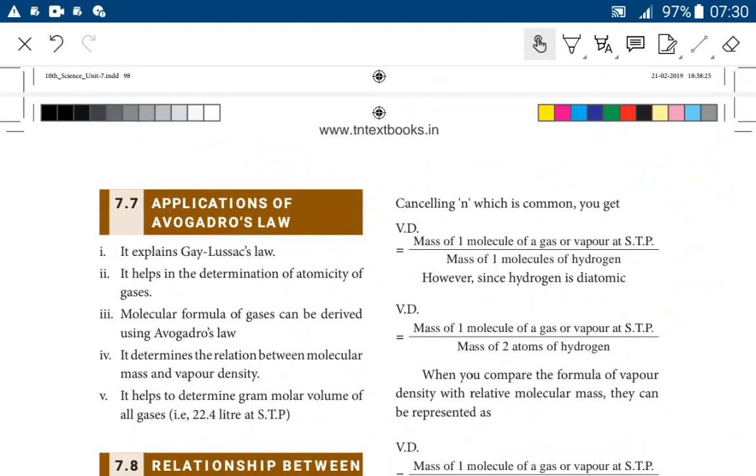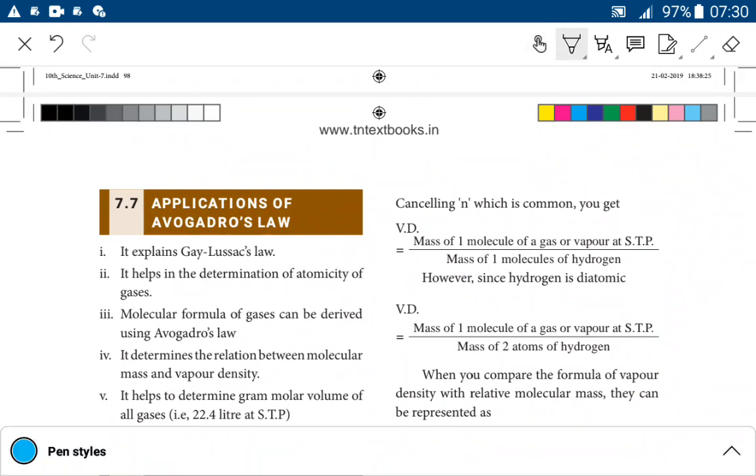Then there are a few applications of Avogadro's law. First, it explains Gay-Lussac's law, and it also helps to determine atomicity.